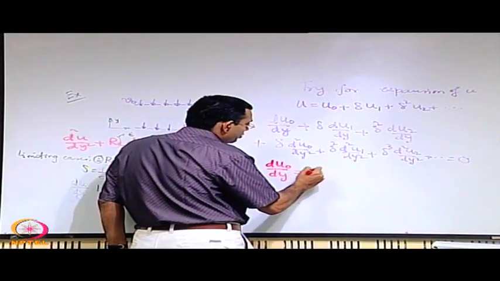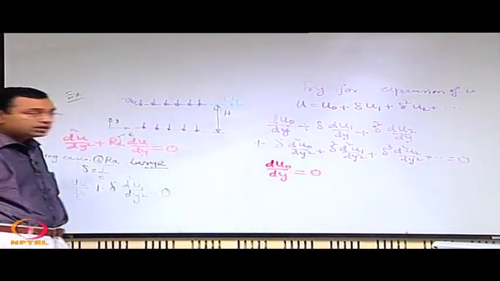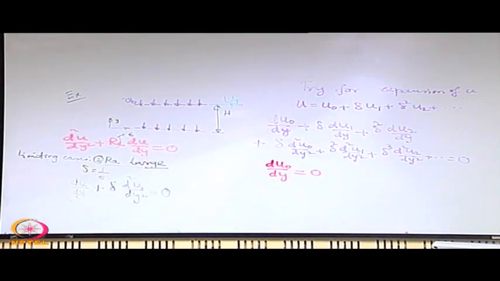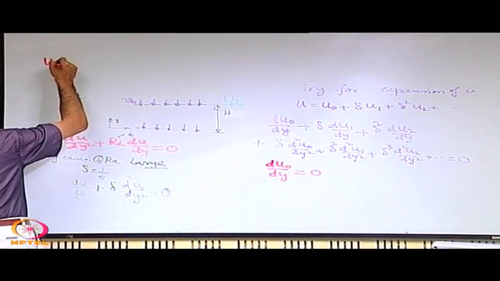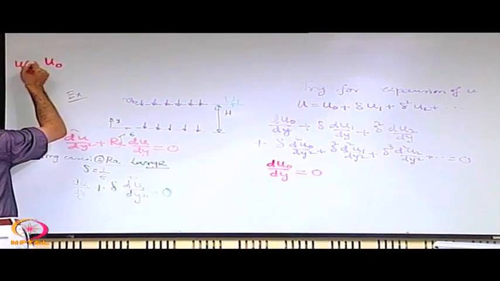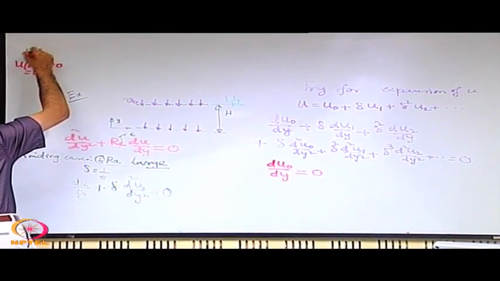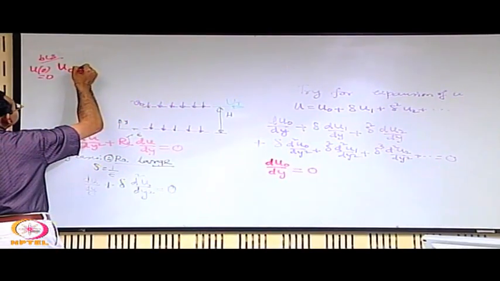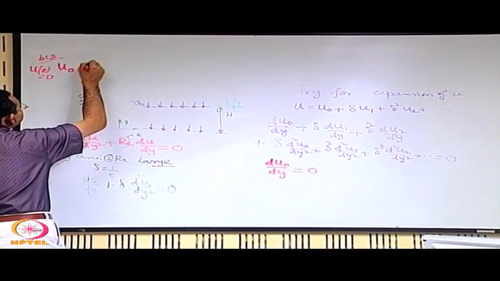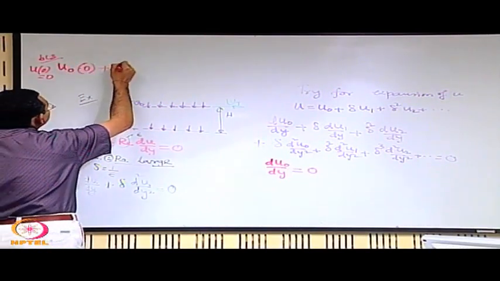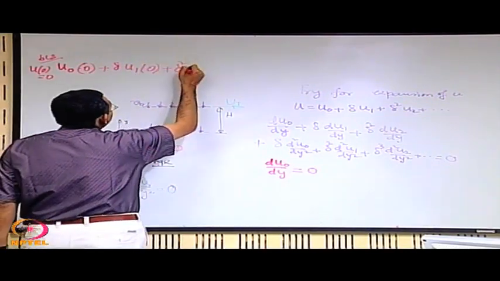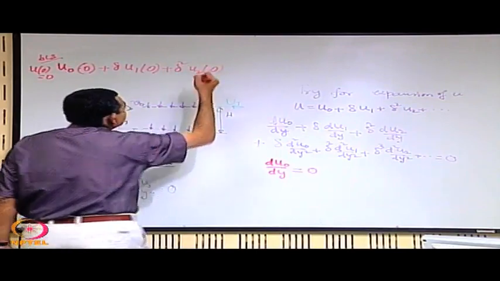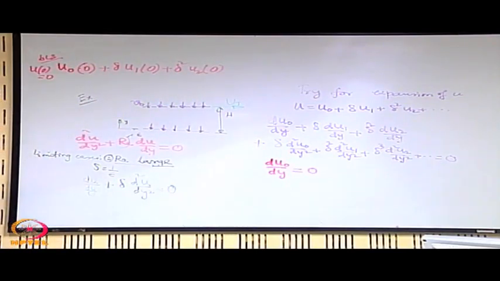dy equal to 0, that is the leading order term. What are the corresponding boundary conditions? Let us again expand the boundary conditions. So you have u at 0, which is equal to 0: u0 at 0 plus delta u1 at 0 plus delta square u2 at 0, like that, in this way.